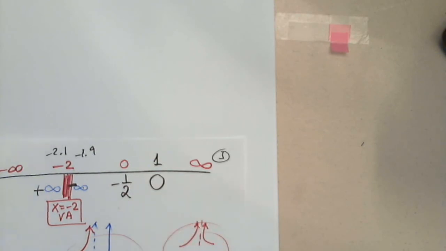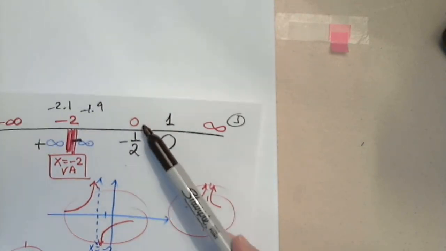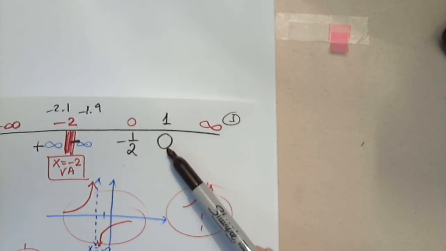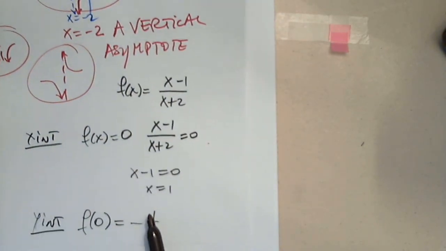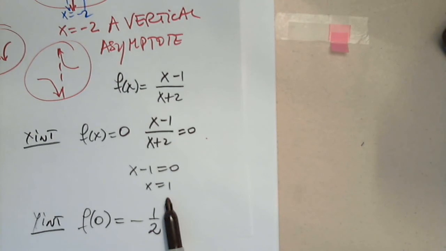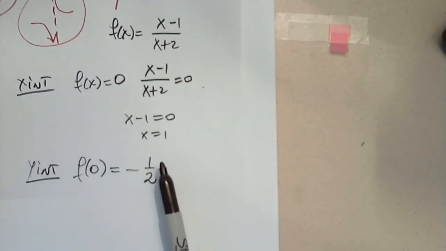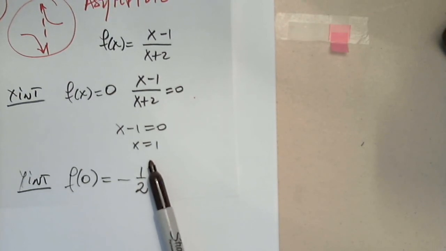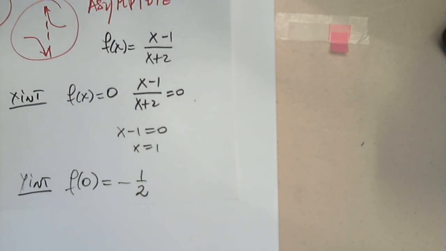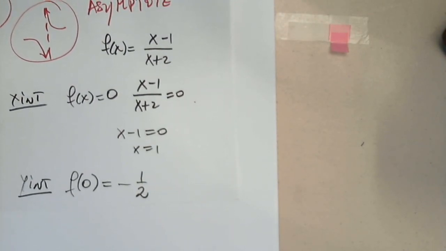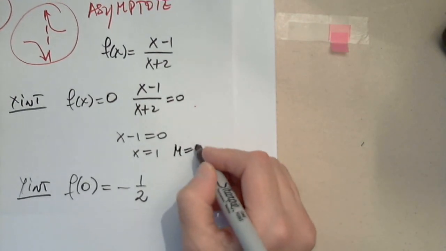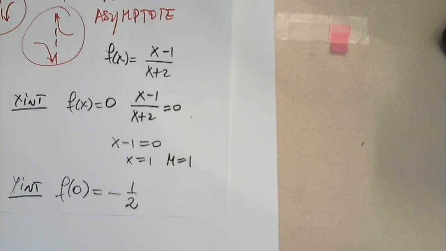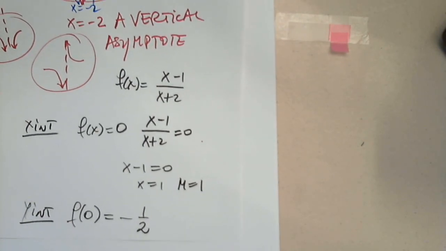Negative 1 over 2 in the table where it belongs. 0 for x, negative 1/2. 1 for x, 0 for y. Since x equals 1 appears once, is this a turn, a cross, a slow turn, a slow cross? It has multiplicity 1. Cross, a regular cross. Very good. Excellent.